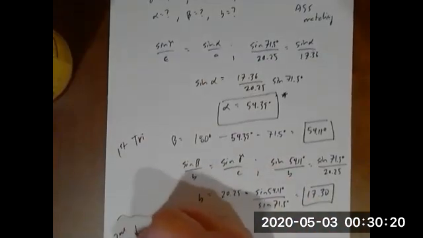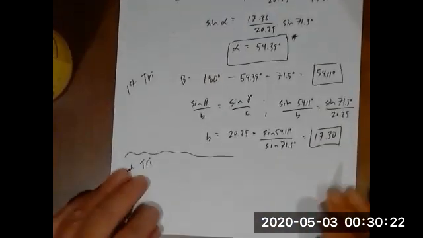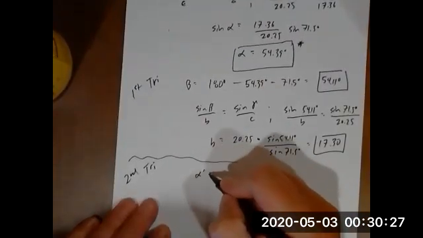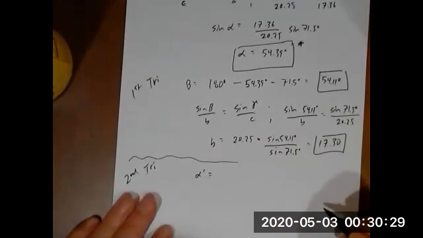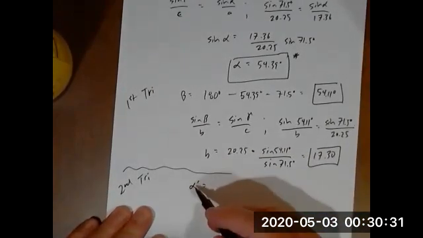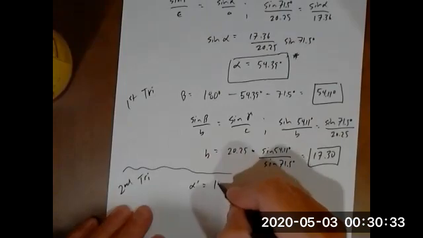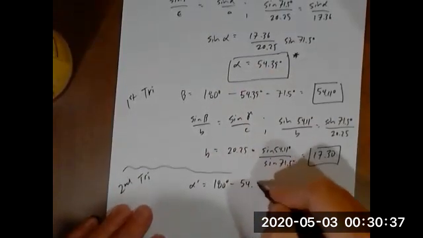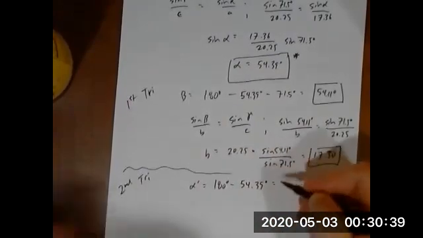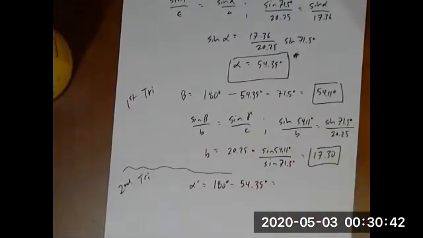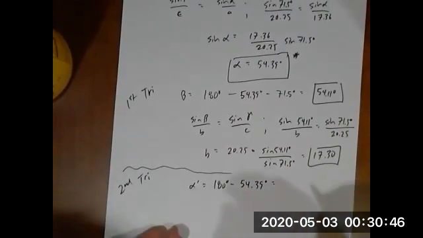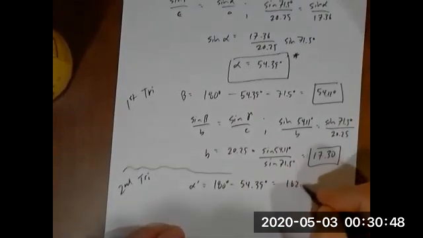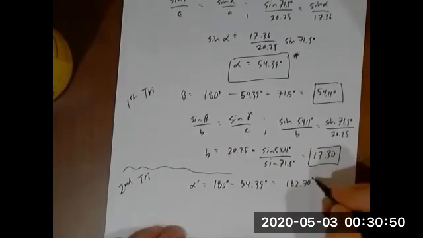Is there a second triangle? You start here. The second triangle, the alpha is going to be 180 minus the alpha from the first triangle, 162.70 degrees.